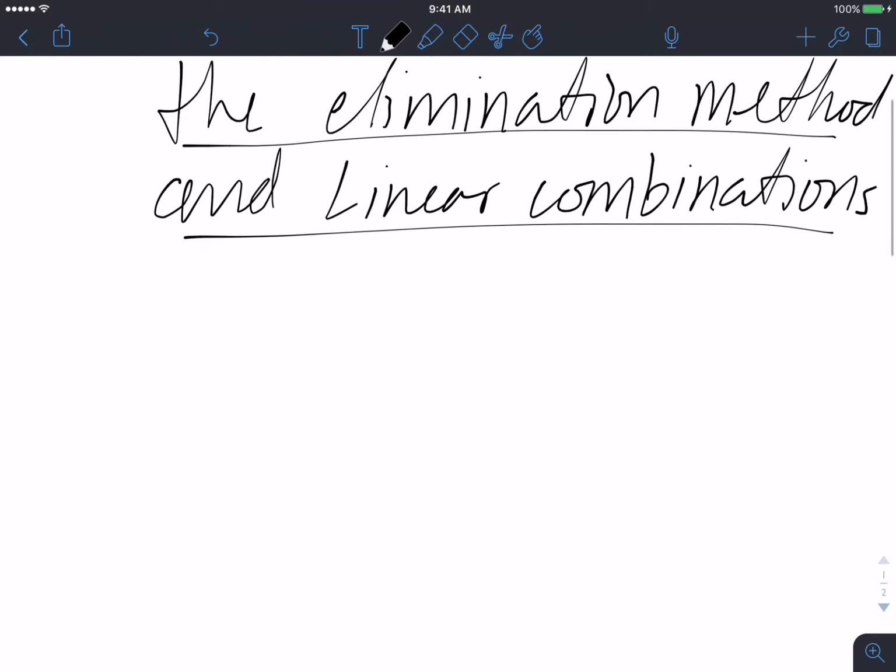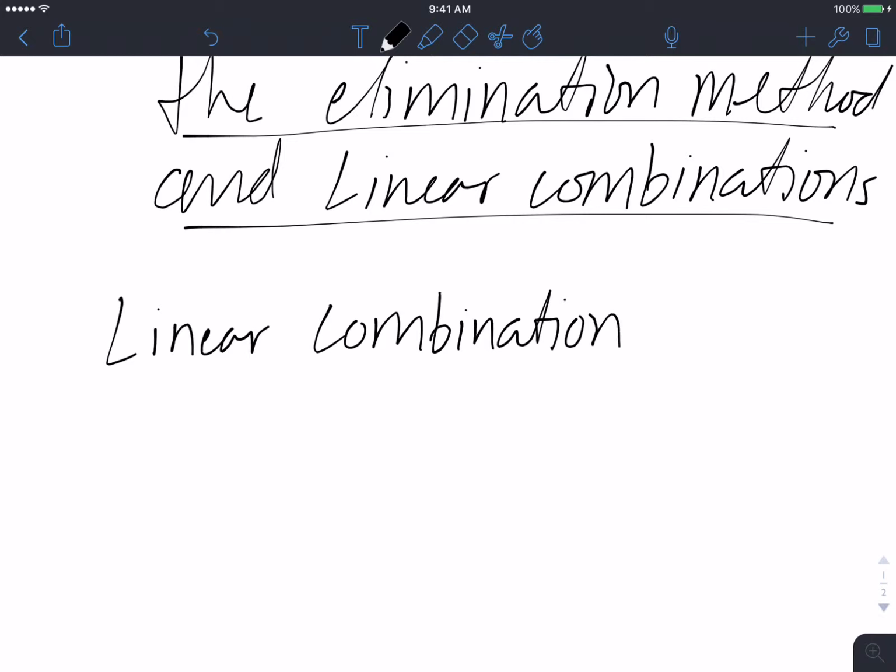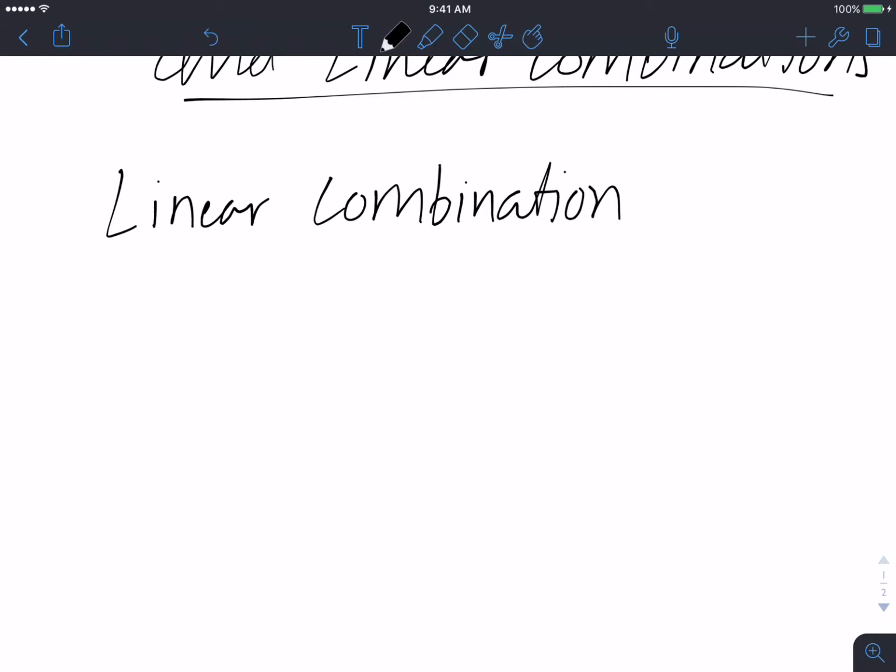So the first thing I want you guys to know is that in your book, they're going to reference linear combinations. This is the method that they use in the book, and it's the same thing as the elimination method that I taught you.